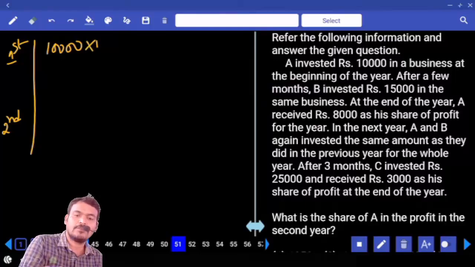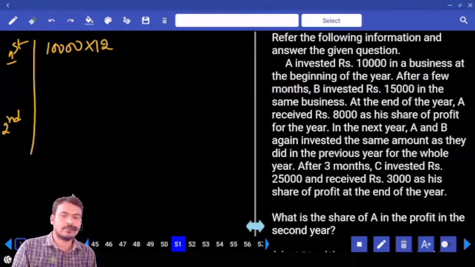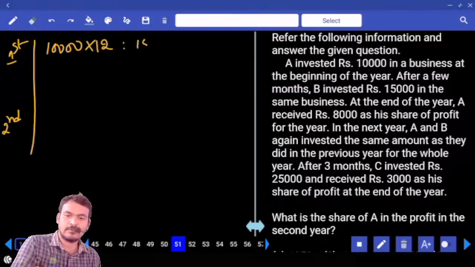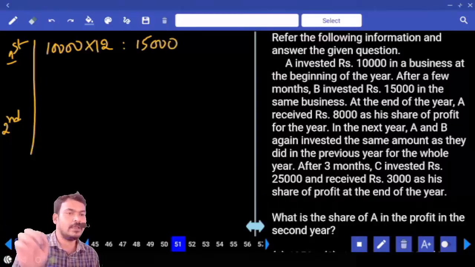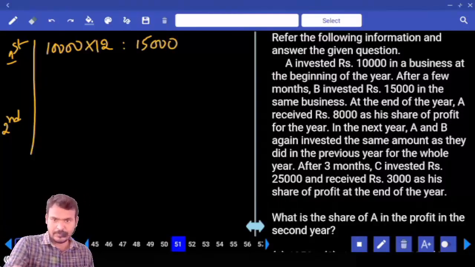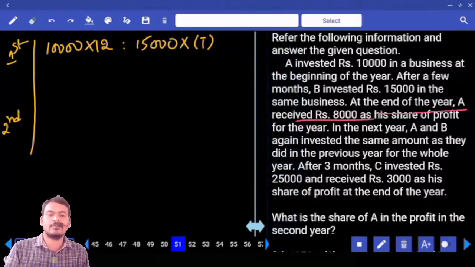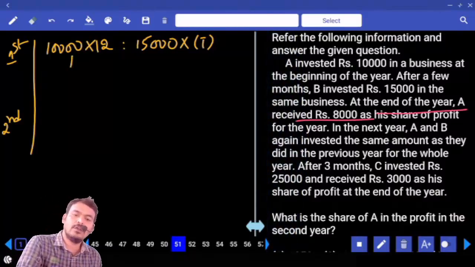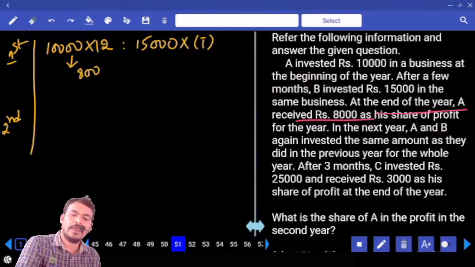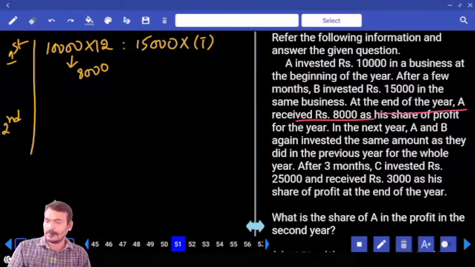Means A invested for how many months? 12 months. Next, B invested 15,000. But 15,000 are used for some time or total time? Some time. Next, at the end of the year, A received how much profit? 8,000. Means only A profit are given how much? 8,000. Okay. Next, what is the second one?